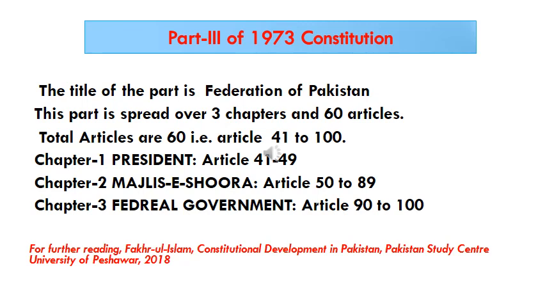So general seats in the National Assembly are 272, and 60 are reserved for women, and 10 members for the non-Muslims. So the total strength of the National Assembly comes to 342.